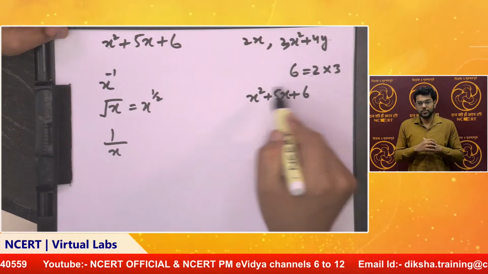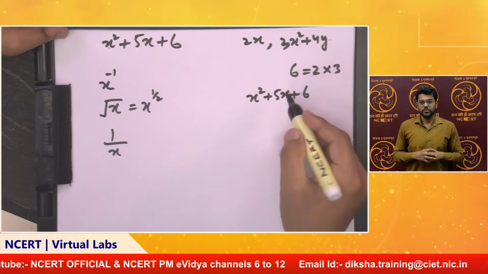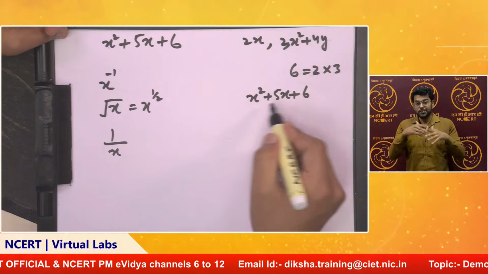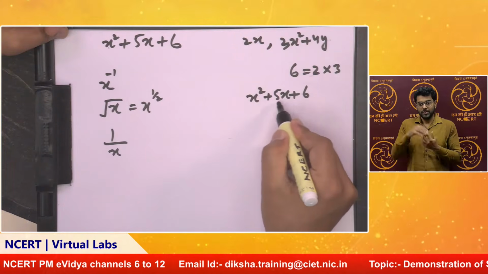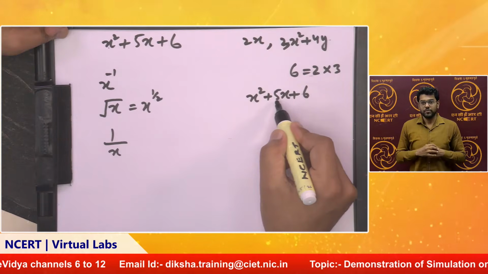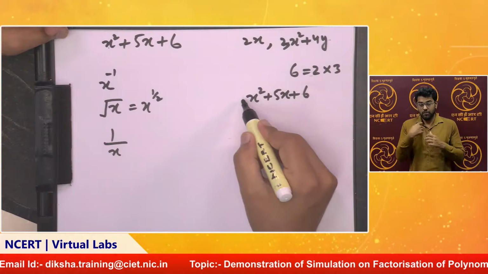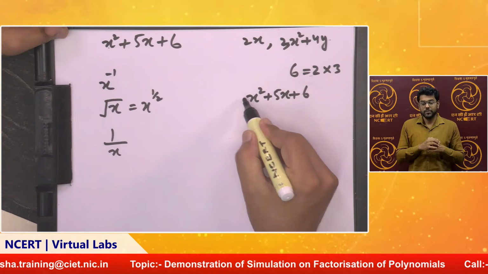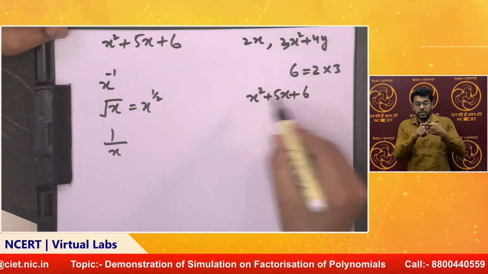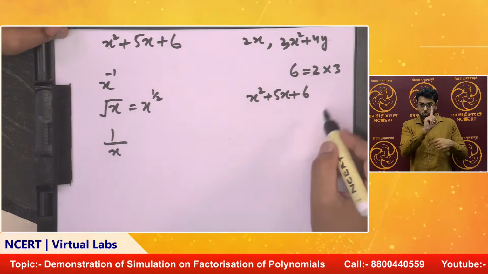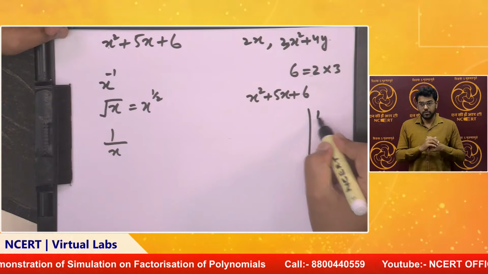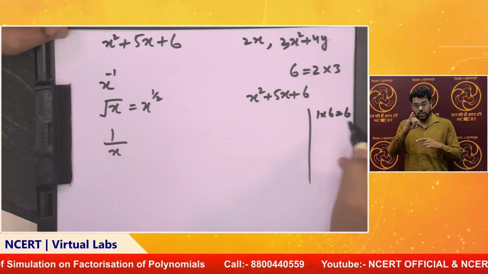Same is the case with these polynomials. So for that, we will take the coefficient of the middle term, which is 5, and we will see the multiplication of the coefficient of x square and the constant term. Coefficient of x square is 1, right? 1 into 6 is 6.